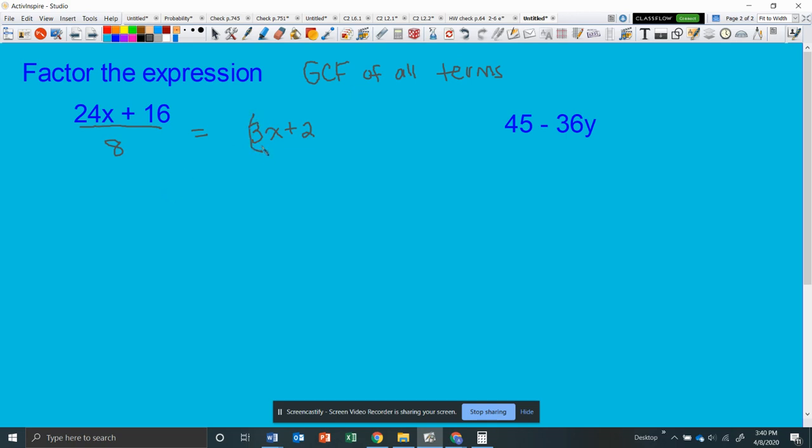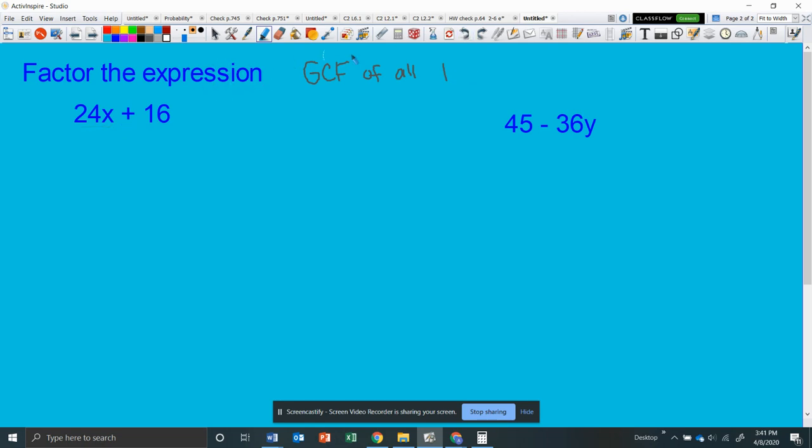All we did was we took the 8 out of the first term by dividing, and we took the 8 out of the second term by dividing. So when I ask you to factor something, it's kind of like you're doing this, dividing by 8, but you actually don't necessarily write it like that.